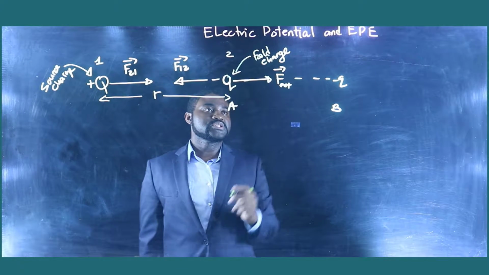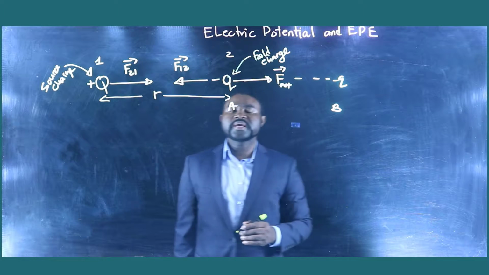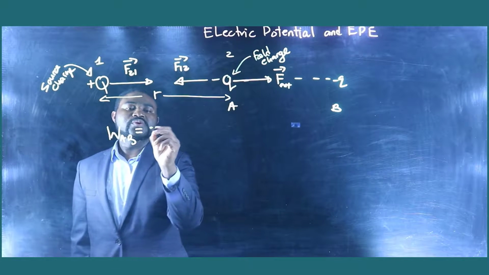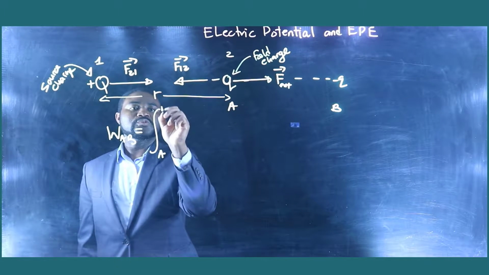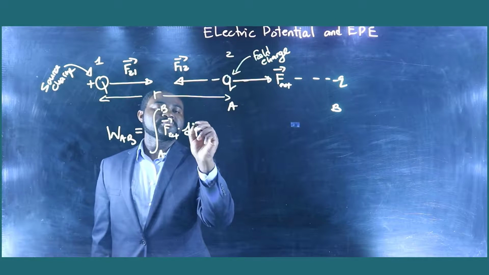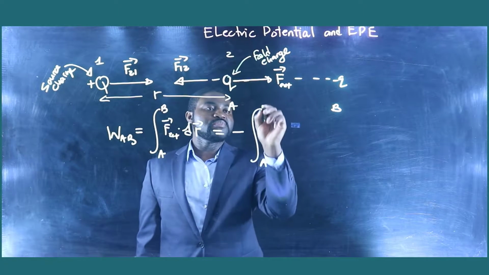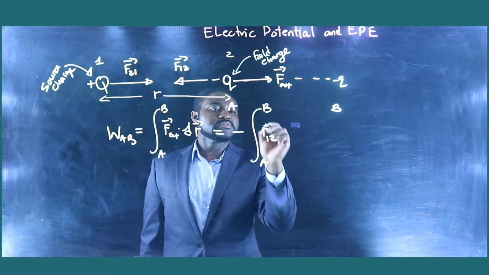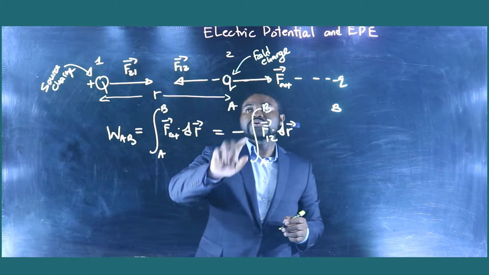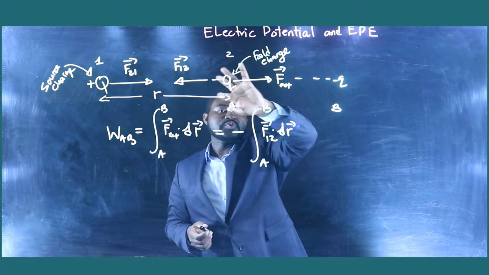If we apply the force in such a way that the kinetic energy of charge Q remains constant, then we can say that the work done from A to B will be equal to the integral from A to B of F external multiplied by dr. But this is equal to negative the integral from A to B of F12 multiplied by dr. This negative sign is here because the electric force is acting to the left and the charge is moving to the right.